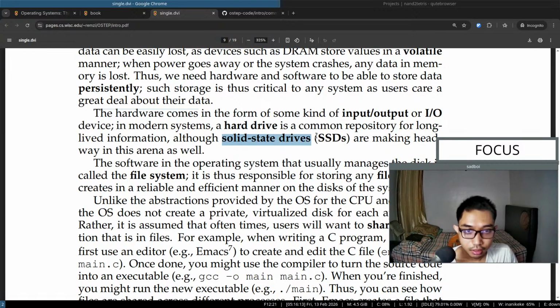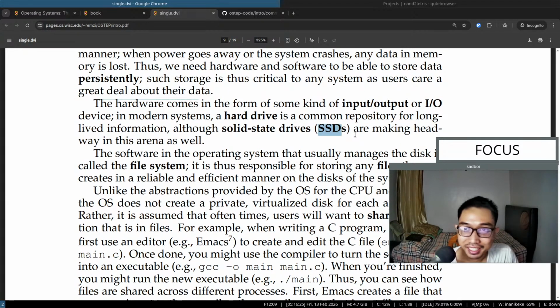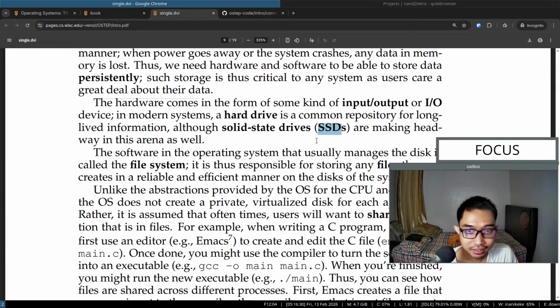And the solid-state drive, the SSD, which currently most likely becomes expensive. Yeah, after the RAM price hike, now the SSD is starting to get expensive. Oh my god. And the SSDs are making headway in this arena as well.